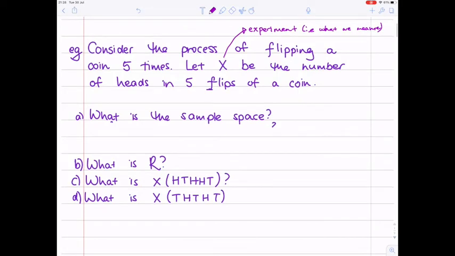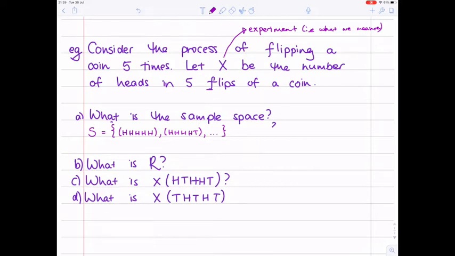So the first thing we might think about is, okay, what is the sample space? Well, our sample space is going to be all the possible outcomes of flipping the coin 5 times. So we might get 5 heads in a row, although that seems unlikely. Perhaps we'd get heads, heads, heads, heads, tails, and so on and so on.